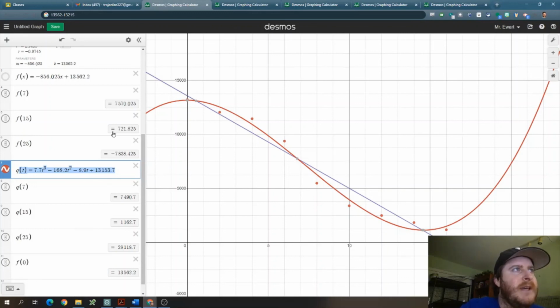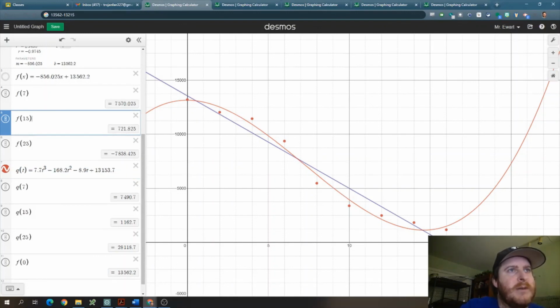On year 15, I got a much different prediction, though. On year 15, the purple line at year 15 gave me 721 CDs, but my red, kind of cubic function gave me, at year 15, 1,000 CDs. It gave me a higher prediction at year 15, right?